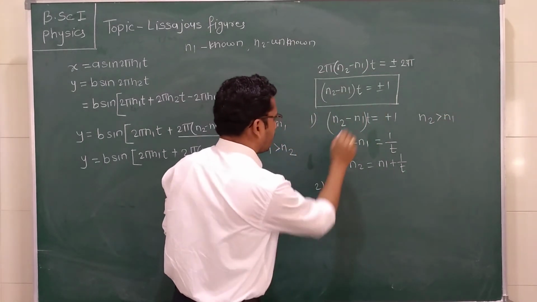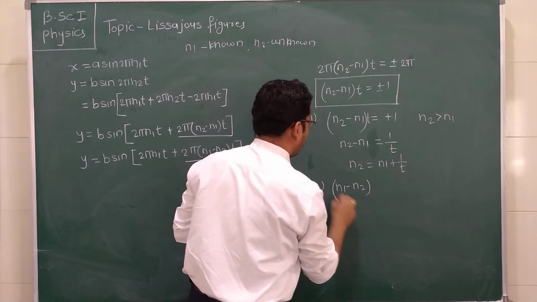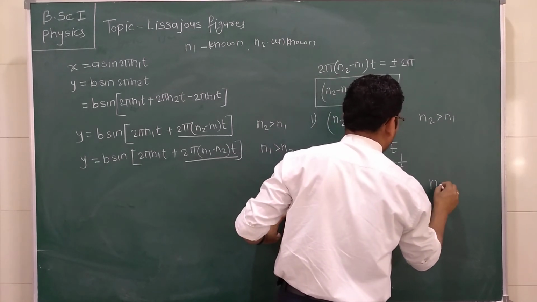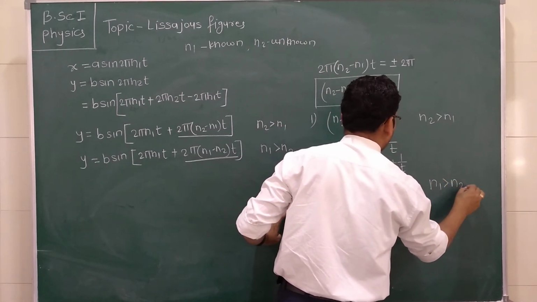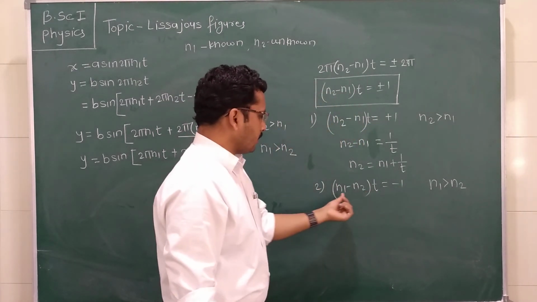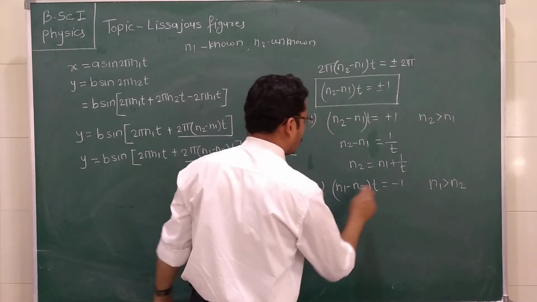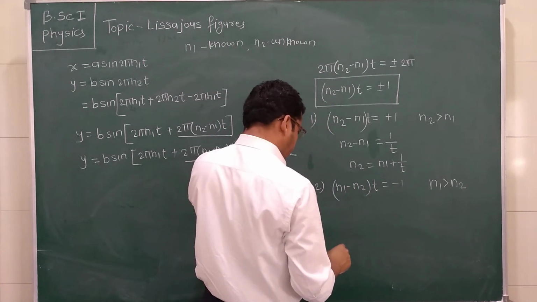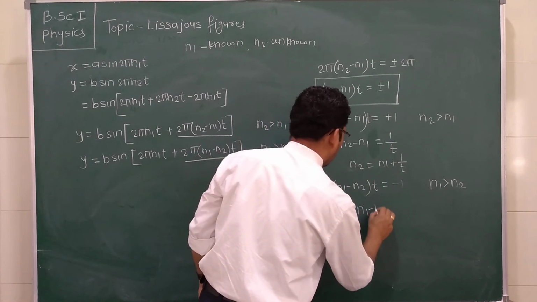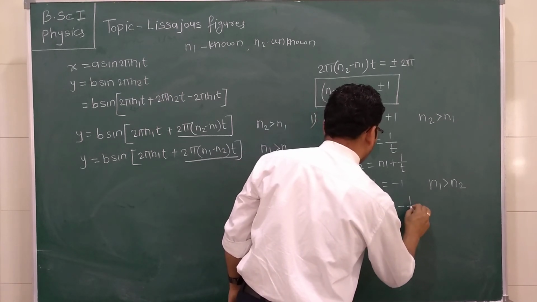Now the second case arises when (n1 minus n2) multiplied by t is equal to minus 1, when n1 is greater than n2. This value will be minus 1 because n1 is greater than n2. So we can write here n1 minus n2 is equal to minus 1 by t.